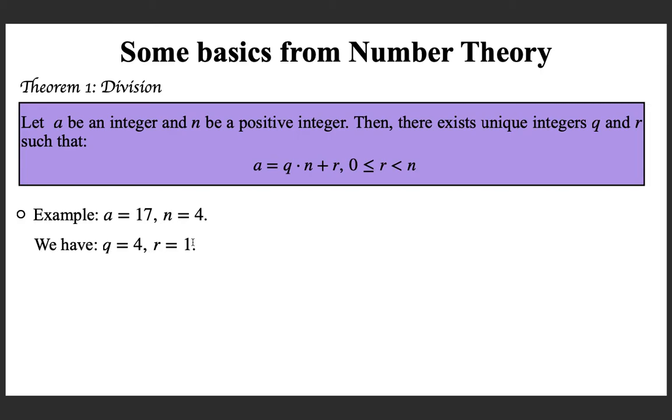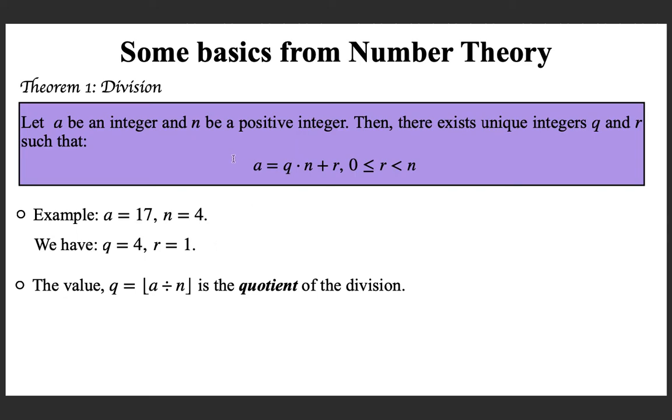You can easily verify that 17 is n, which is 4, into q, which is 4. 4 into 4, which is 16, plus r is equal to 1. You can prove this theorem, but for the interest of time, I am not including the proof in this discussion.